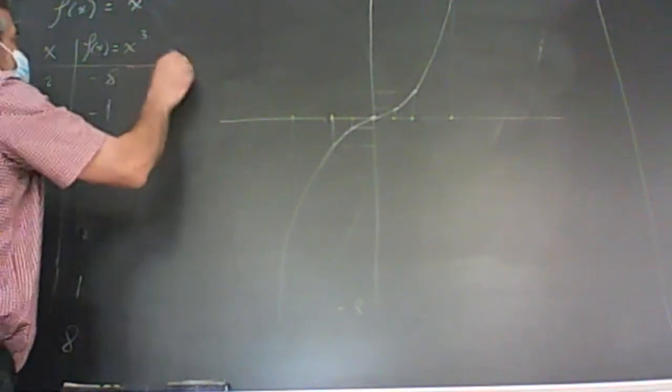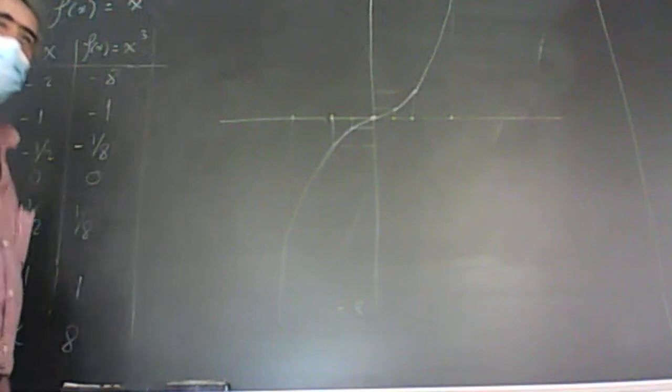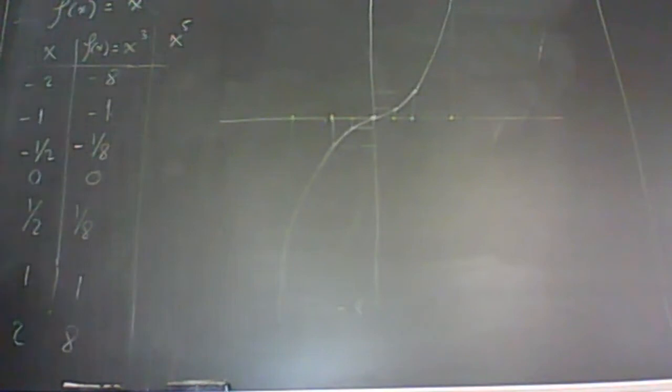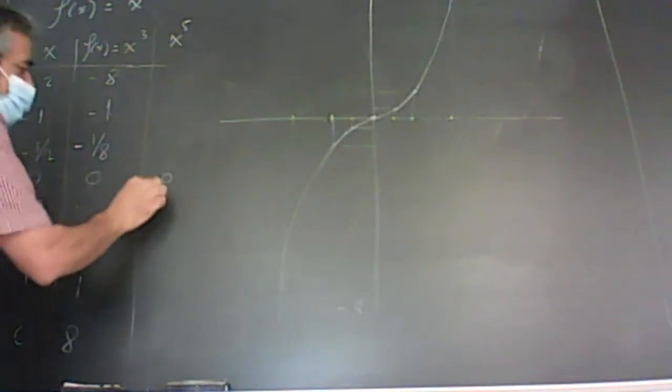Once again, let's do one more thing. Next to it, instead of x to the 3, let's put x to the 5. What do I get with x to the 5? At 0, I still get a 0.